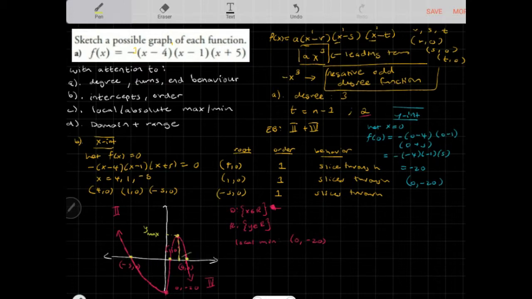Well, we need to figure out what this x value of this turn is, right? So we understand that the x value of the turn here should be the midpoint, right? So it should be basically 1 plus 4 divided by 2, which is 5 over 2, which is like 2.5, right? And if you wanted to figure out the y value of the turn, we'll call it y turn, so we'll just keep it consistent.